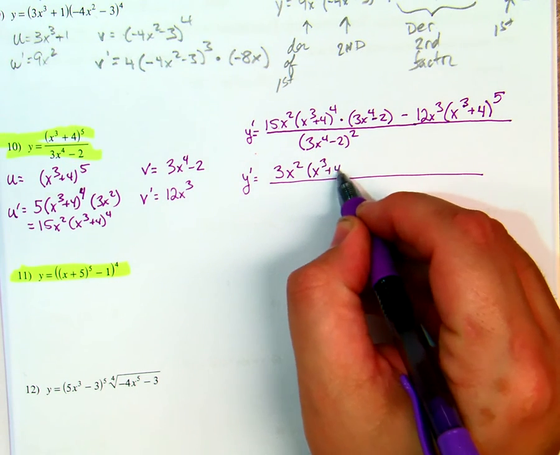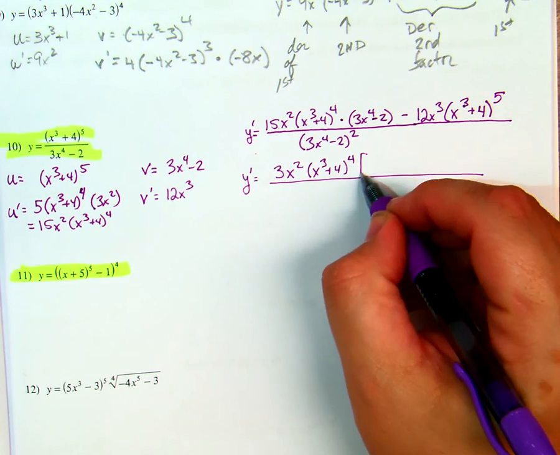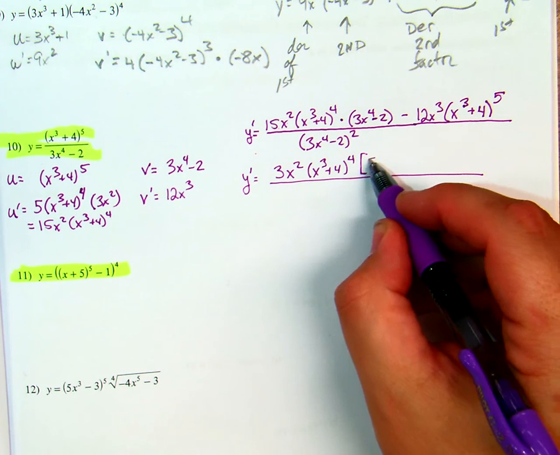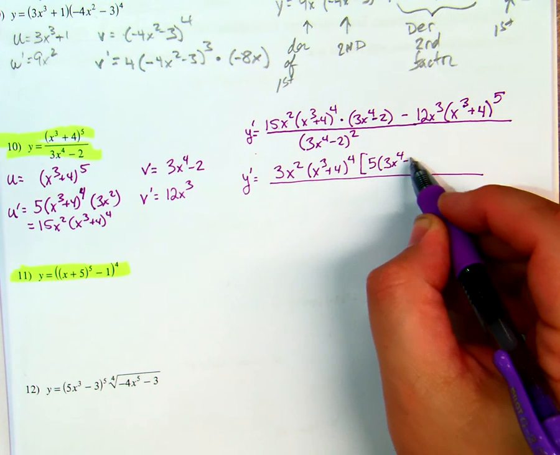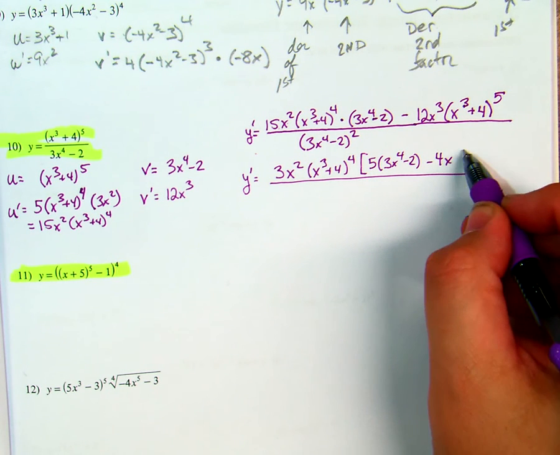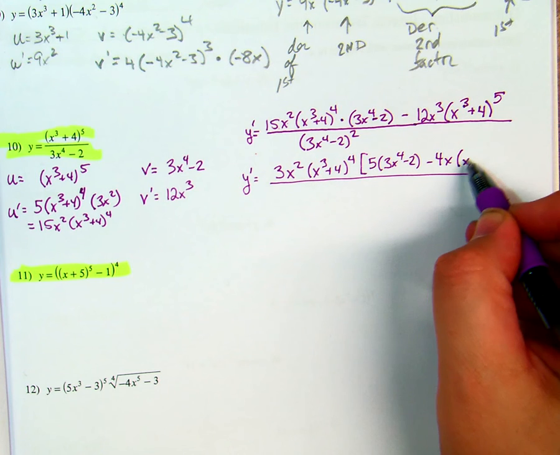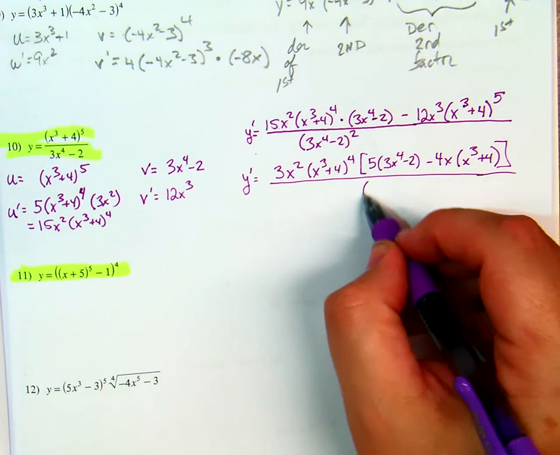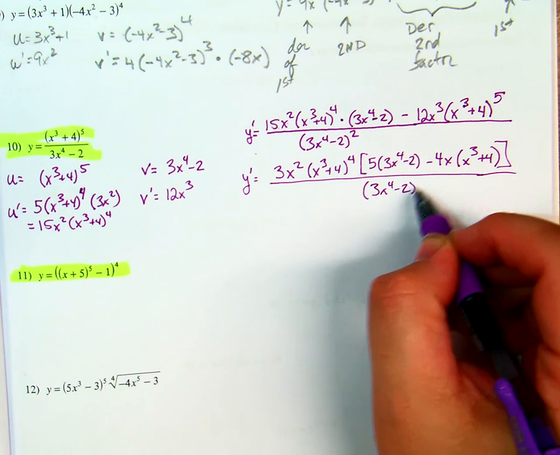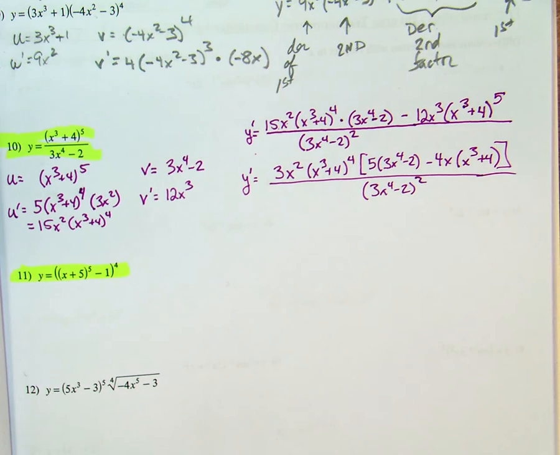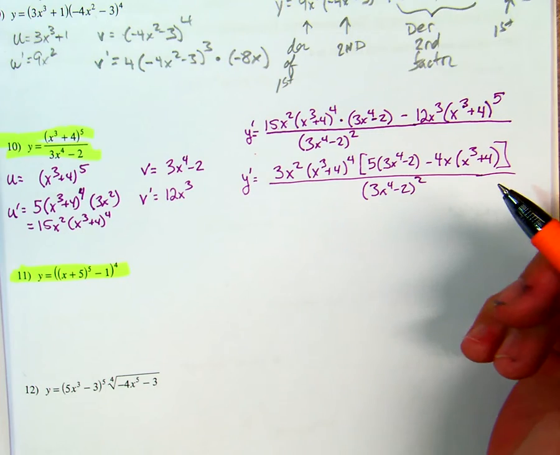All right, and the stuff that's left over here is going to be, well, I got rid of the x squared, 5 times 3x to the 4th minus 2 minus 4x times x to the 3rd plus 4, all over 3x to the 4th minus 2 squared. And then, well, no. You could, but you can make it look a little bit nicer.